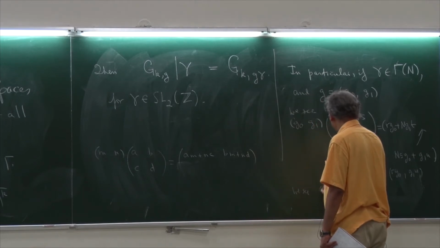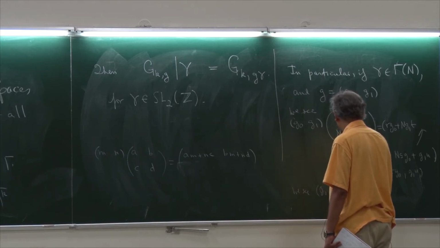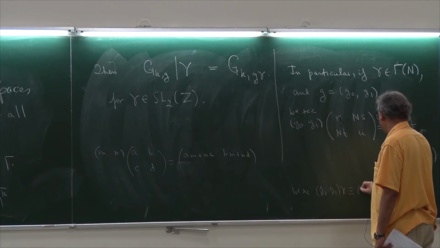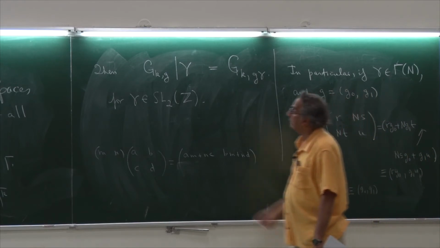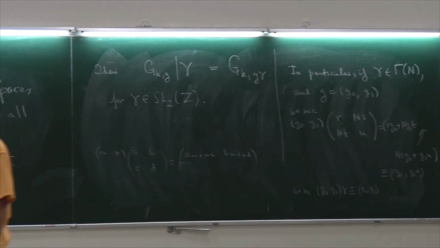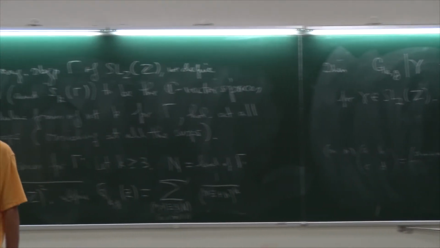G0, G1, when you hit it with this matrix gamma, is congruent to G0, G1. In other words, this guy is a modular form of weight k for gamma of n.